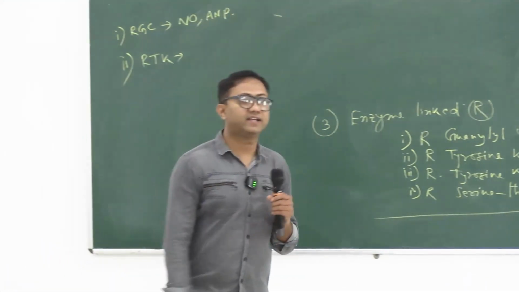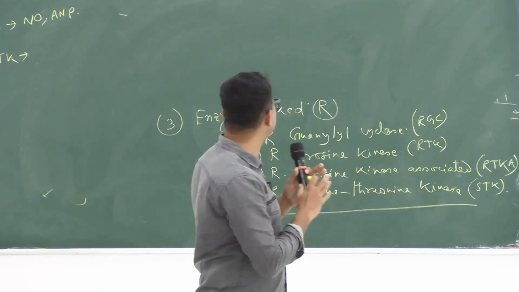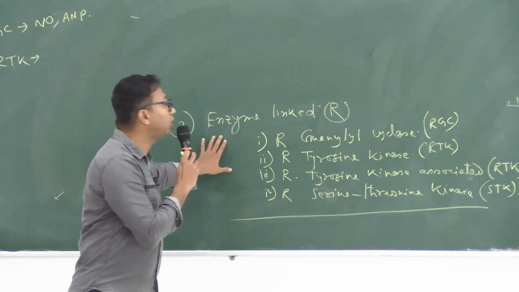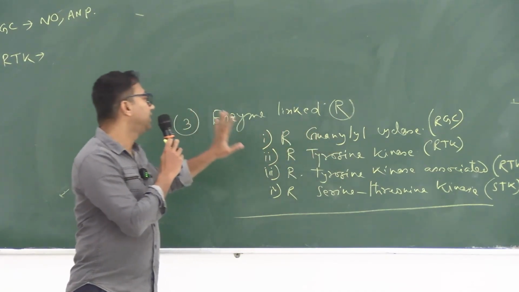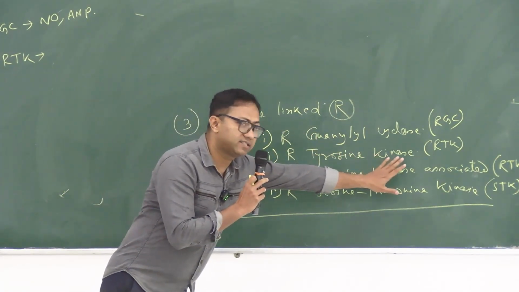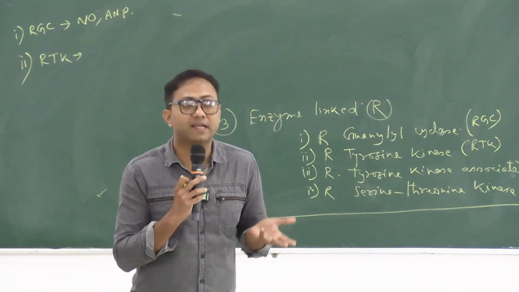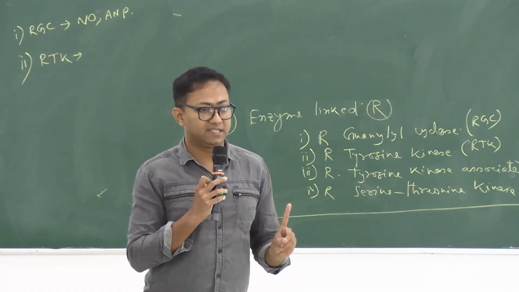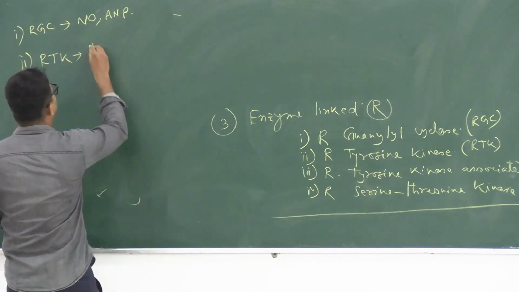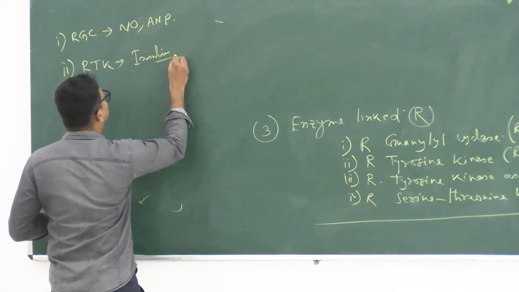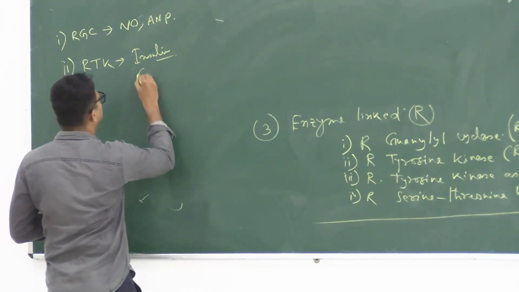Now number 2 is RTK, receptor tyrosine kinase. The example, as I already said, is insulin. So what is the mechanism of action of insulin? Your answer should be: insulin belongs to the classification of receptor called enzyme linked receptor, and under enzyme linked receptor insulin is classified under RTK, receptor tyrosine kinase, because the receptor of insulin is also an enzyme. Which enzyme? Tyrosine kinase. Insulin and all growth factors, excepting growth hormone, are RTK. Which growth factors?